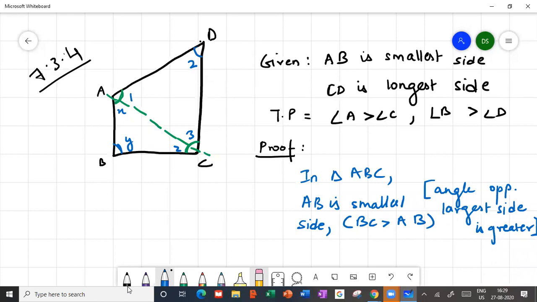No, AB is the smallest side, so any other side will be greater than that. So what am I going to say? The angle opposite AB is Z, correct? So Z is less than, greater than.